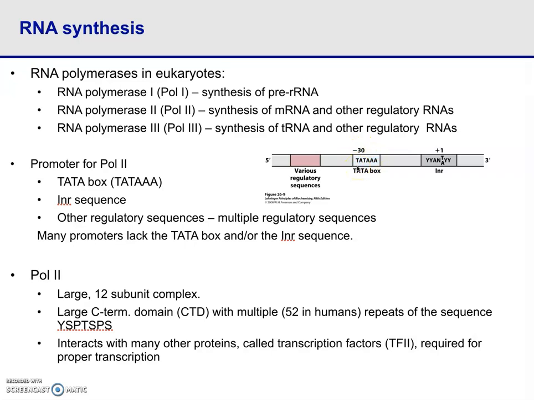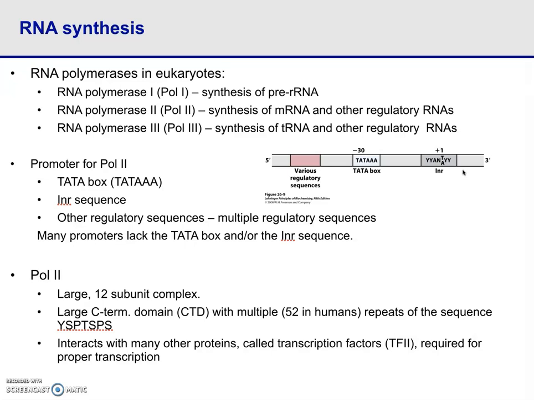Now, there are other sites, such as the INR site, which is almost immediately in front of the beginning of the transcription site. But the interesting thing about these sequences is that they are not found in all genes. Some genes have promoters that do not have the TATA box and the INR sequences.